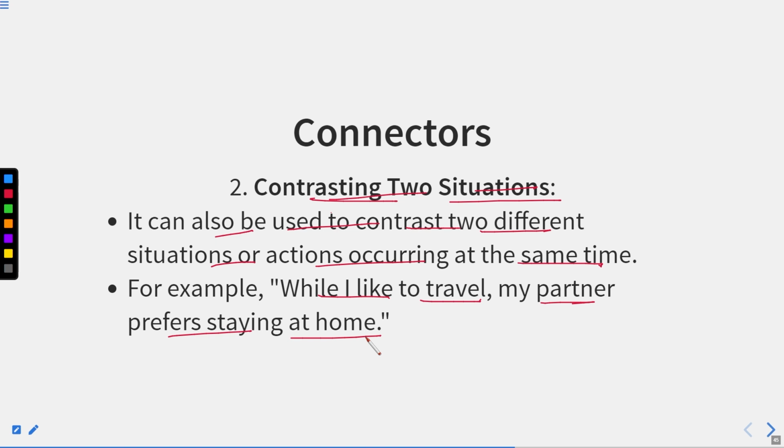Okay. So while I like to travel, it means there is a difference between me and my partner that has been shown with the help of this sentence, that while I like to travel, my partner prefers staying at home. So he likes to stay at home, whereas I like traveling. Okay.